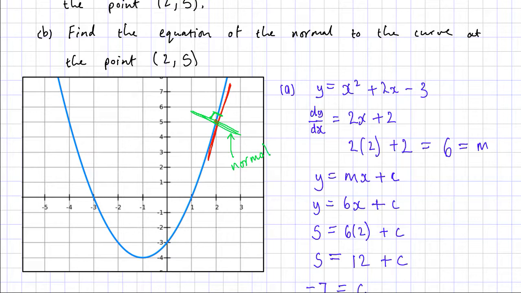The red line was the tangent at the point (2, 5), and the green line is the normal at the point (2, 5). I can see that the normal is perpendicular to the tangent, and the gradient of the tangent is 6. So the gradient of the perpendicular line will be the negative reciprocal of that, which is minus 1 over 6. So the gradient of the normal is minus 1 over 6.